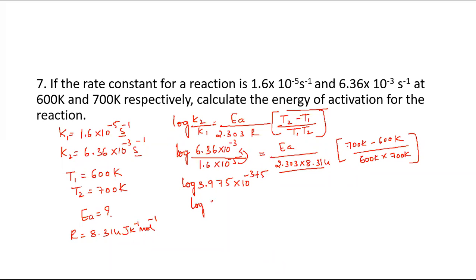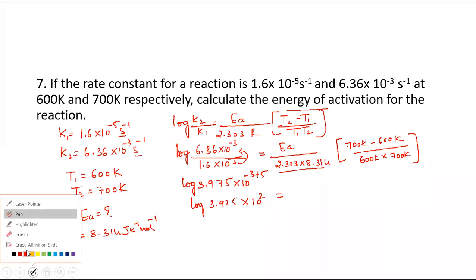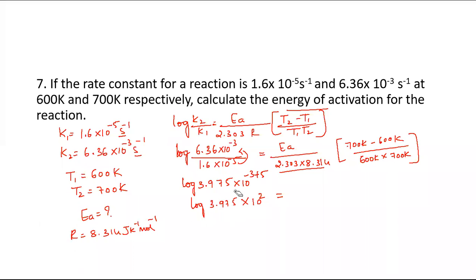So log 3.975 into 10 to the power of 2, right, is equal to... just a minute. So this value is wrong, right?